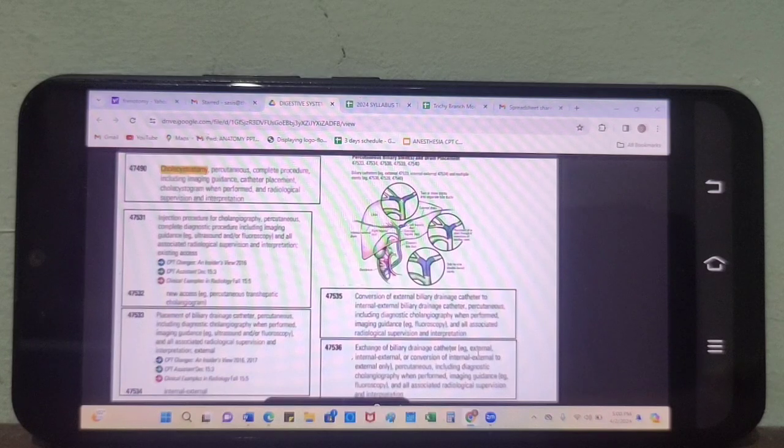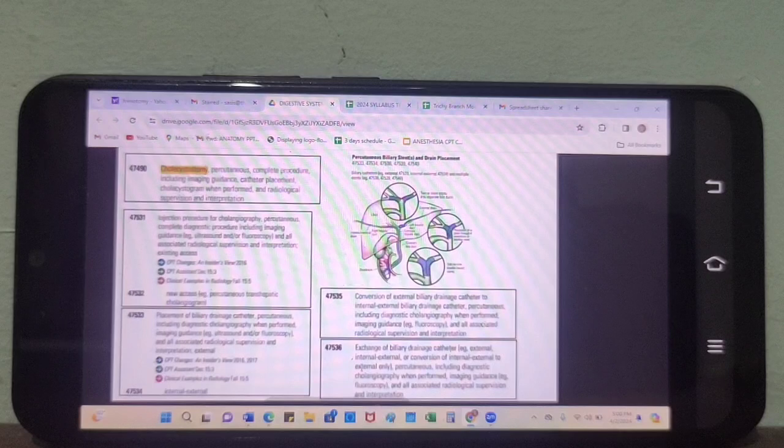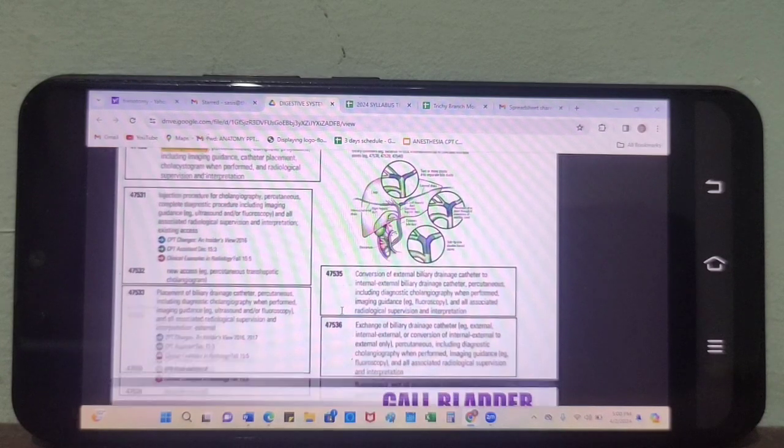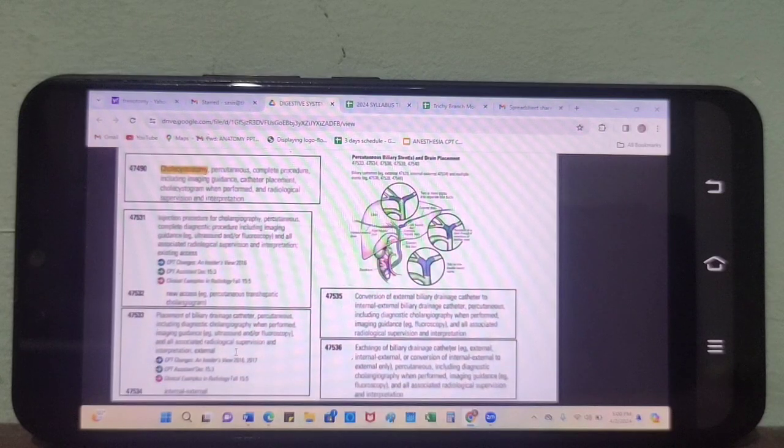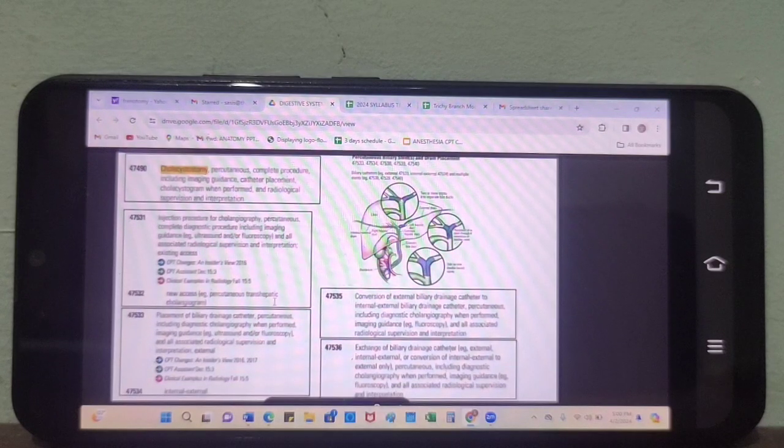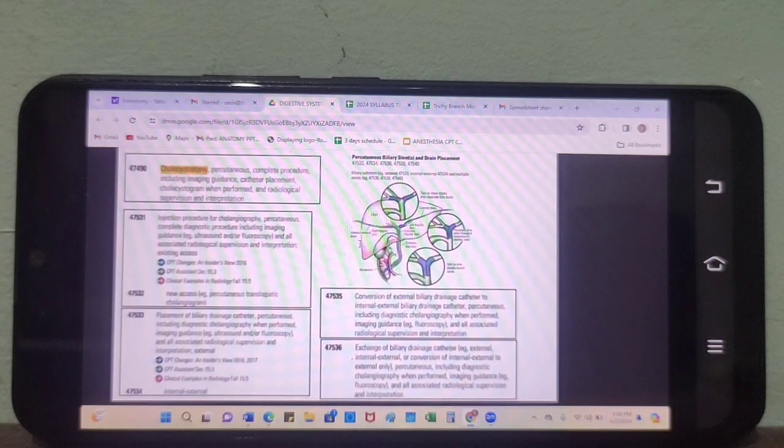If the doctor removes the external catheter and inserts an external one, or removes the old internal to external and inserts the same one, for exchange of catheter it is 36, and for conversion of catheter it is 35. Did you understand? Any doubt in this procedure? Any doubt? Please say yes or no.